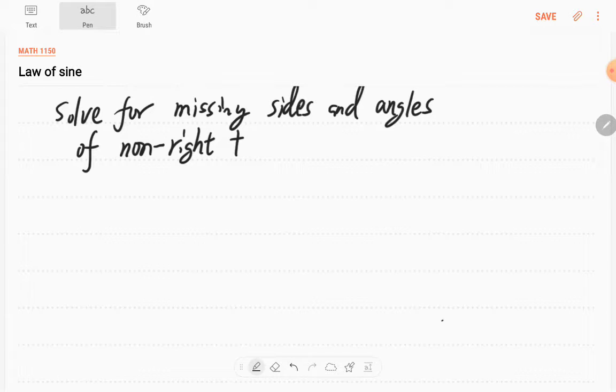That means there is no right angle in this triangle, which is called an oblique triangle.